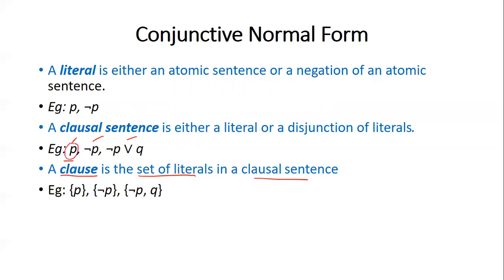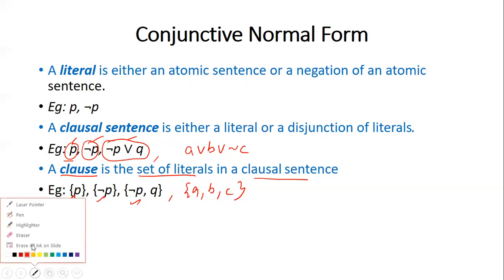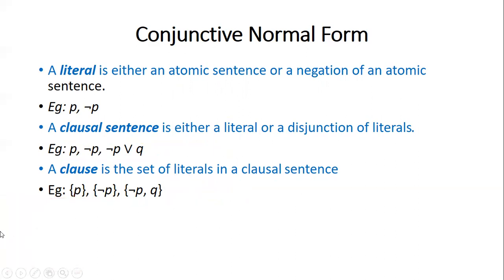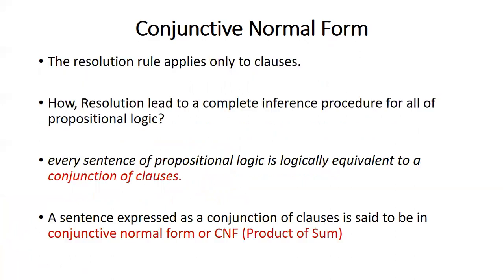From the first clausal sentence, the set of literals is only P. From the next, it is only not P. From the next, the literals are not P and Q. Say we have a clausal sentence A or B or not C. Then from this clausal sentence, the set of literals is A, B, and C. So a clause is the set of literals from the clausal sentence. The set of literals in a clausal sentence is called a clause.